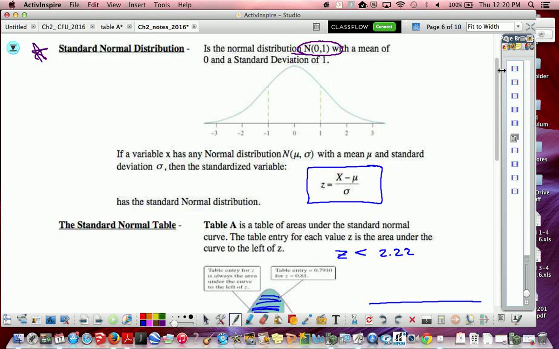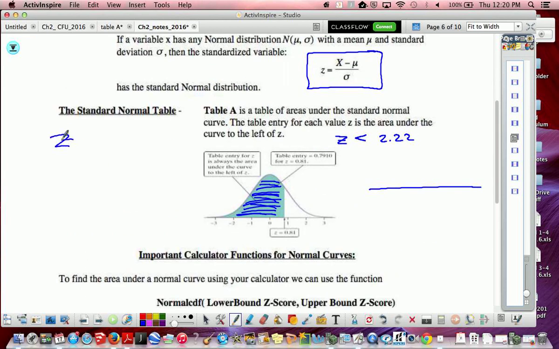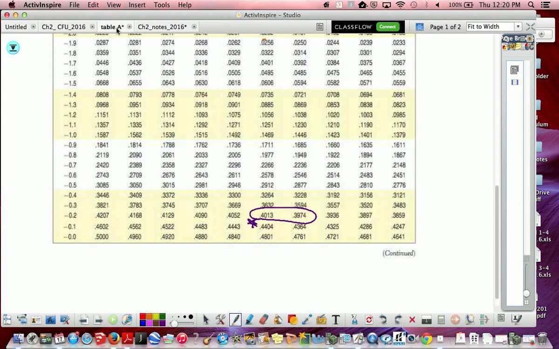Okay, so for the next one, I will do z is less than negative 0.02. Alright, so z is less than 2.22. Go to your table A right now.